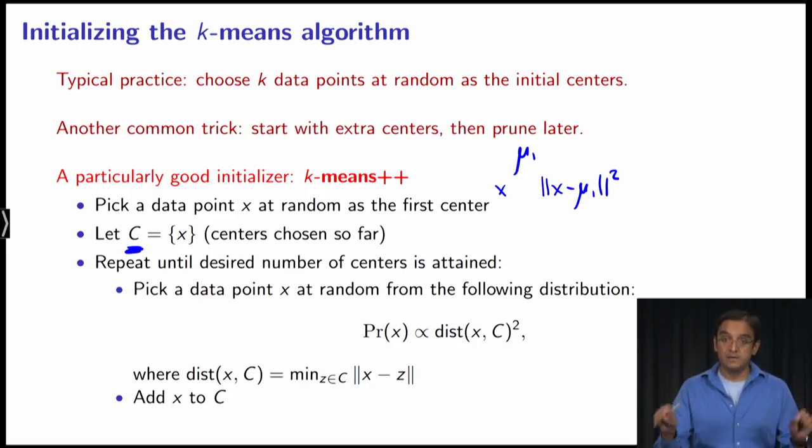Well, we pick at random from the data set, from our n points that we've been given. And the probability that we pick a particular point x is proportional to the distance from x to the centers we have so far, squared. So it's a very simple initialization procedure, and it turns out to be quite effective.